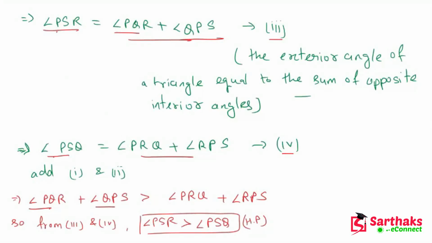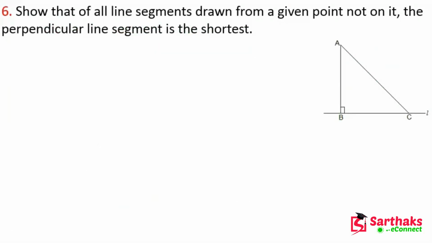So now let's move on to the next question: show that of all line segments drawn from a given point not on it, the perpendicular line is the shortest.